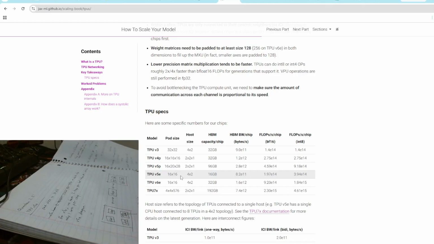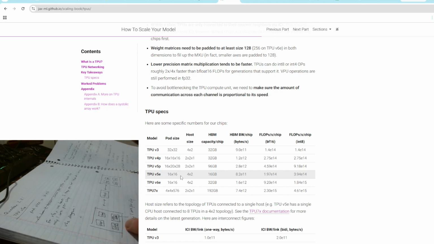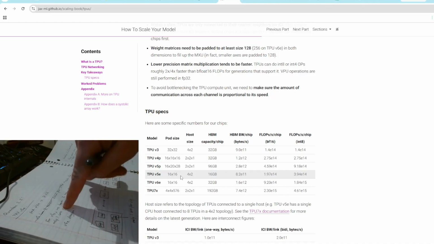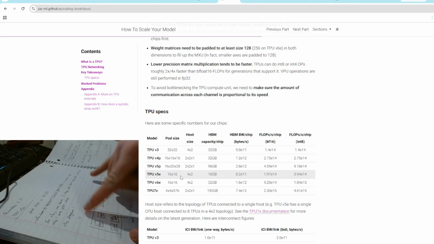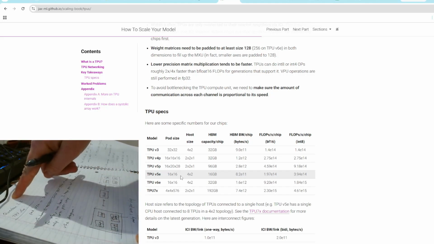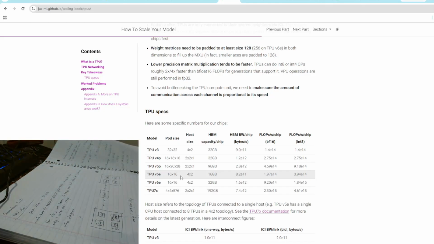So I could probably think of it in the 2D versus 3D way. For a 16 by 16 array pod, you have this stacked 8 times this way, and stacked 4 times this way.